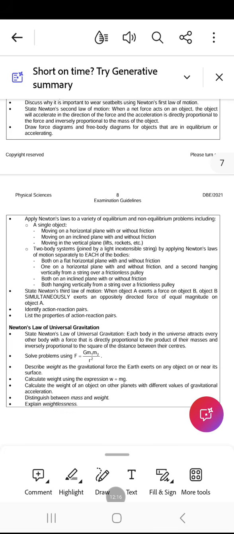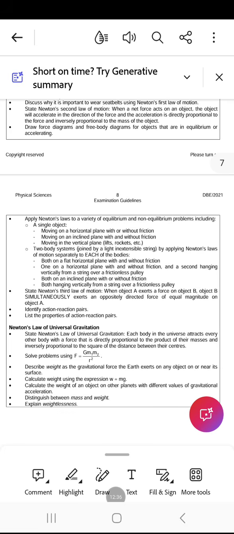So this definition for Newton's second law is about motion that is accelerating. The motion here is no longer at constant velocity, as we discussed from Newton's first law. From Newton's first law, we agree that the motion must be at constant velocity.